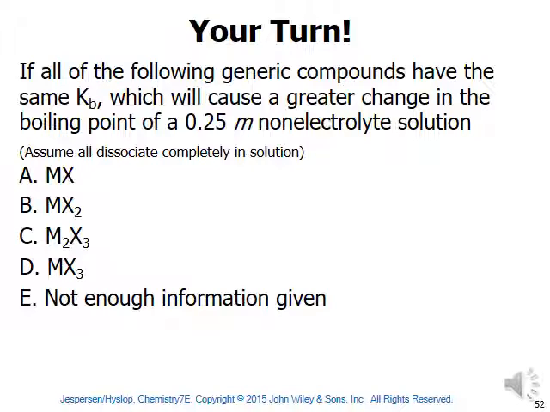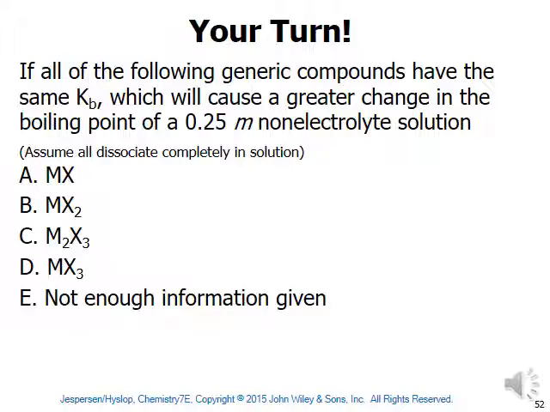Now, it turns out that all of these are at 0.25 molar. So there's 0.25 molar of MX, 0.25 molar of MX2, and so forth. Which one of these is going to generate the most particles is the one that's going to generate the biggest change in the boiling point or freezing point.